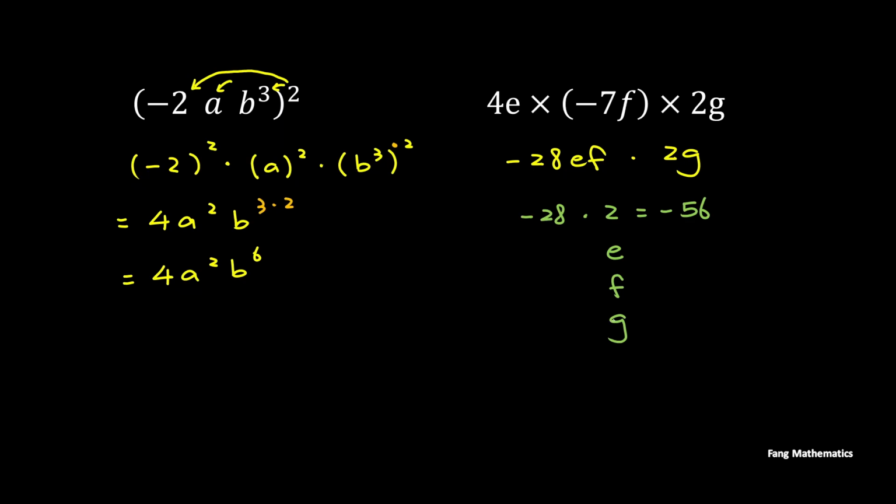And I believe that is everything we have. And we are to combine the answer to get our final result. Minus 56 e f and g. That should be your final answer.